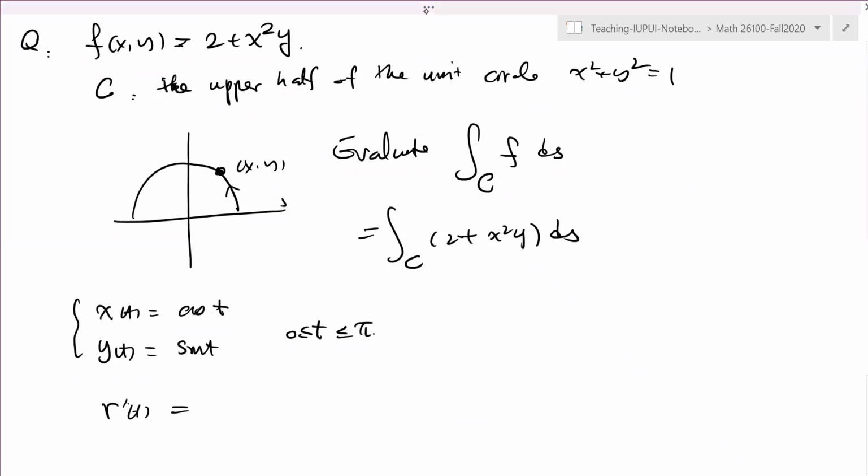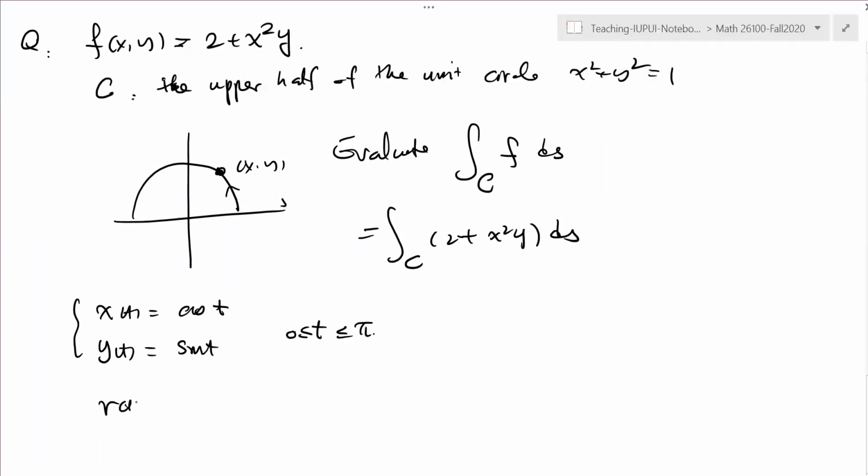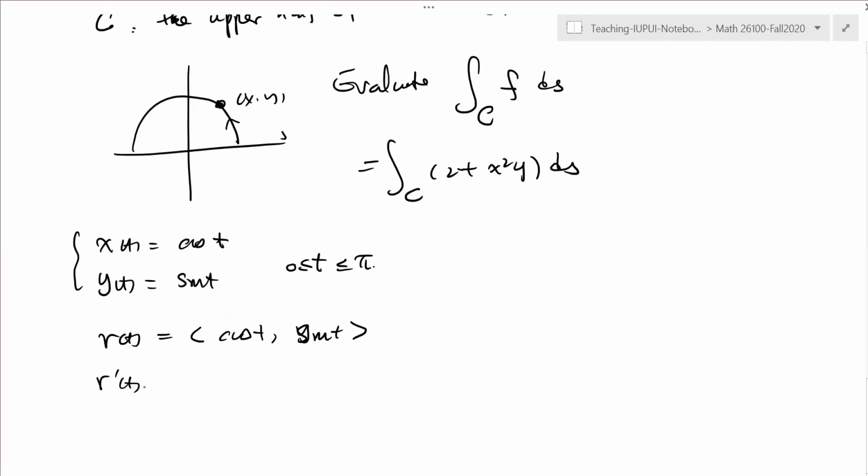You can write down the formula directly, but let's write it as a vector equation. r of t is cosine t, sine t. Then we differentiate: it's negative sine t, cosine t.